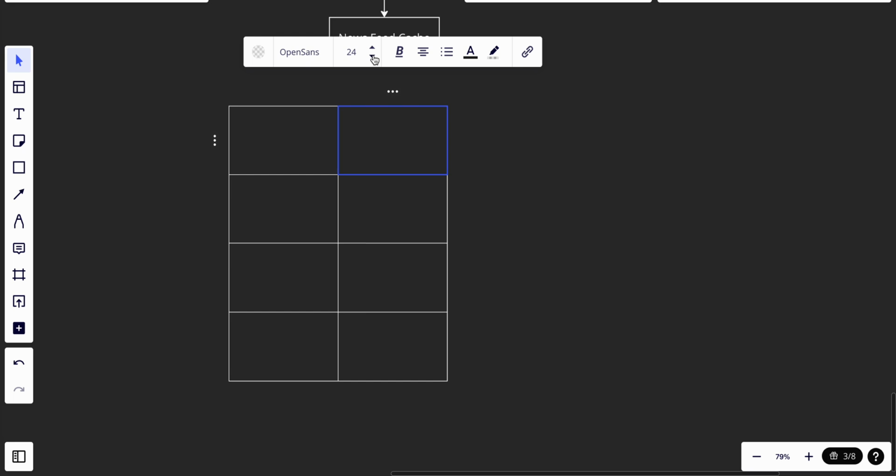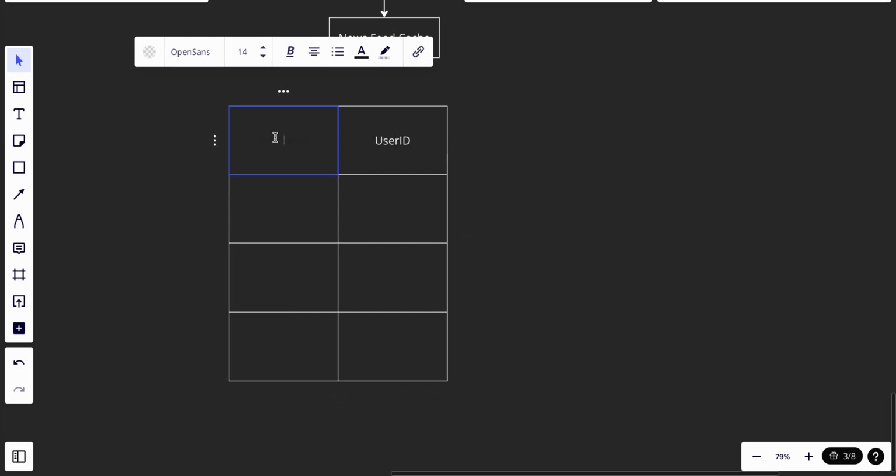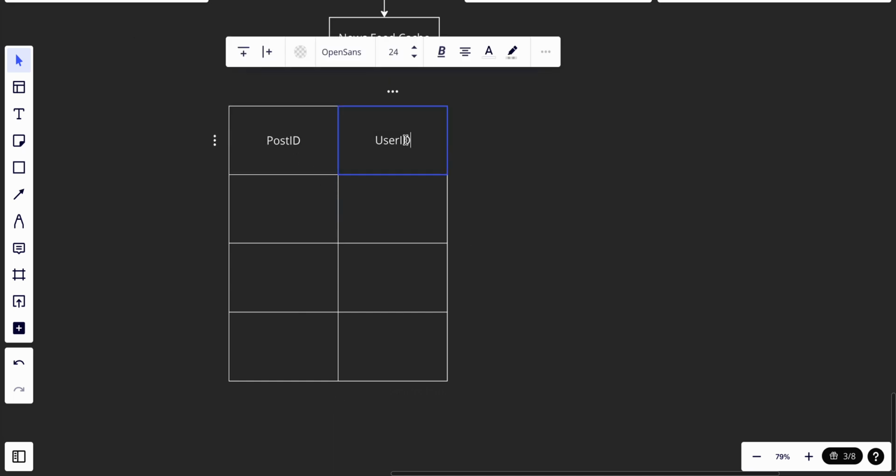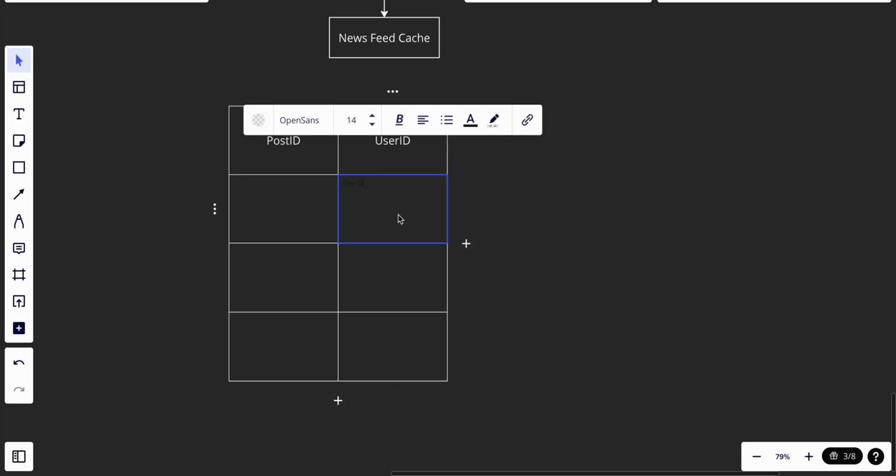For example, we will have user ID. It will be something like that. User ID, and we have also here, make it bigger, post ID, and it will be the same for each one here.